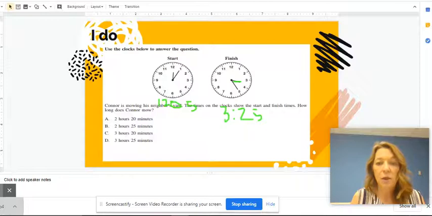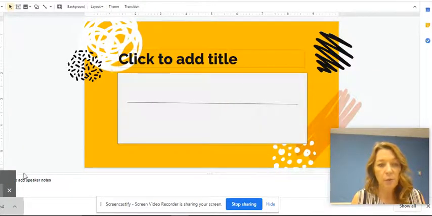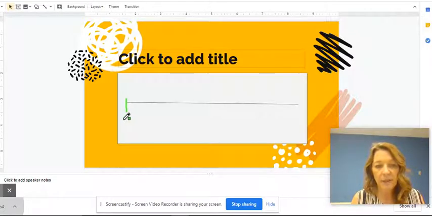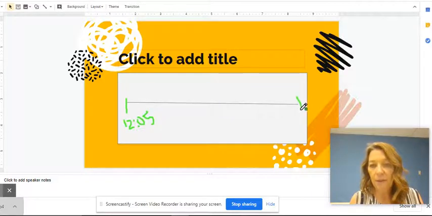Let's look and see. 12:05, and we're going to end with 3:25. So 12:05 is our first time. So let's put it on the first end of the number line. So we're starting at 12:05, and we're going to make it to 3:25. So the other end of our number line is 3:25. So please make this with me as we do this together, okay?